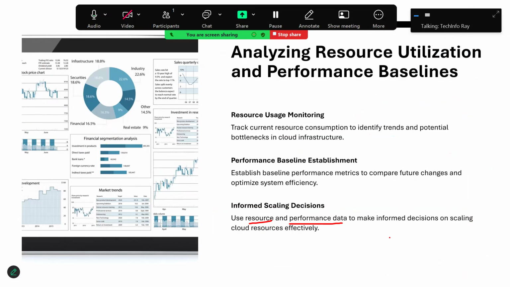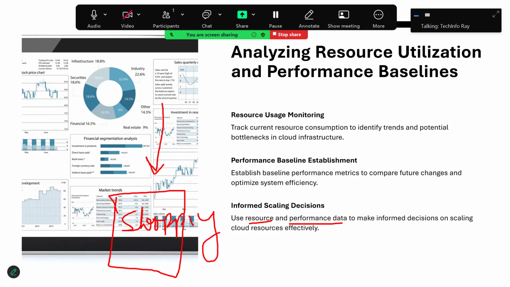For example, if there is a customer with an application for shopping, right? You need to understand how much load there is on their website and application during festivals or any special periods, based on which you can decide the scaling part.